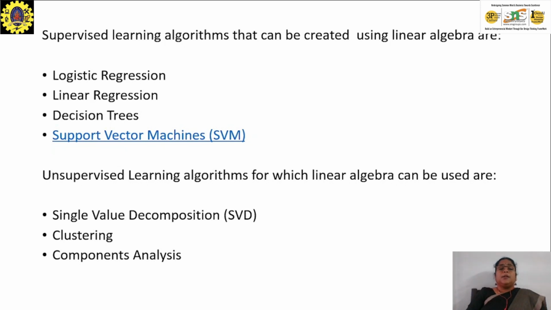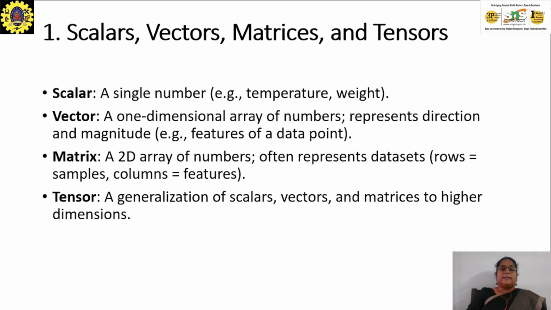And what are the algorithms that use linear algebra? We have supervised algorithms: logistic regression, linear regression, decision tree and support vector machine, and unsupervised algorithms such as singular value decomposition, clustering and principal component analysis. Some of the parameters that we should learn in linear algebra are scalars, vectors, matrices and tensors.